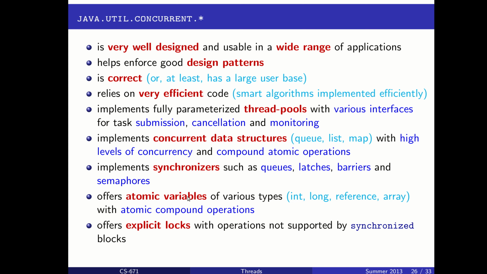It offers atomic variables of various types so that we can guarantee that the math that we do with two integers is actually going to be atomic. It's going to get fully completed in a single step that won't be interrupted by another thread. And it offers explicit locks with operations that are not supported by our synchronized blocks.